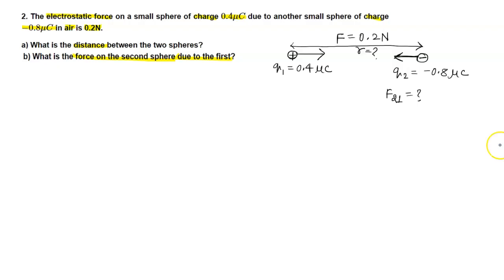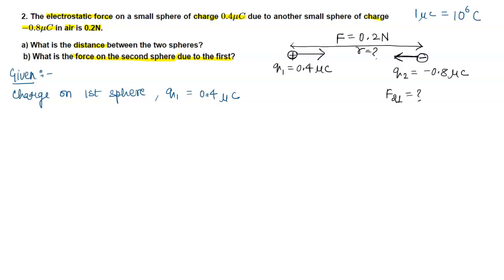Now let's write what is given in this question. First, the charge on the first sphere, denoted as Q1, is 0.4 microcoulomb. As we know, 1 microcoulomb is equal to 10 to the power minus 6 coulomb, because coulomb is the SI unit, so we convert microcoulomb into coulomb: 0.4 into 10 to the power minus 6 coulomb.